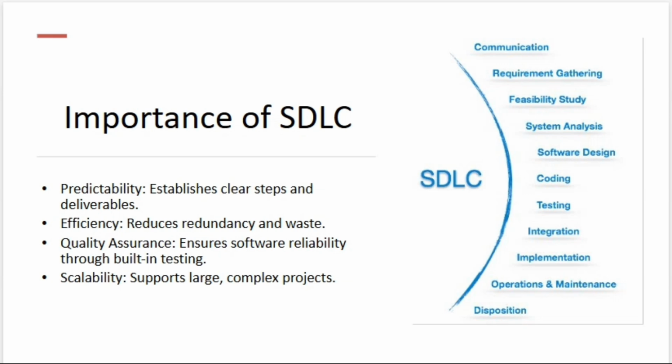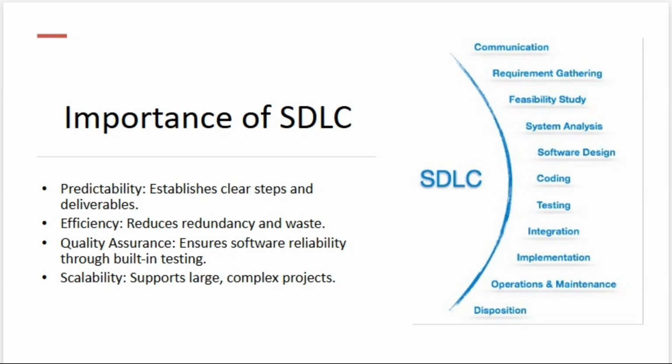QA is a process through which we can ensure the reliability of software throughout the build, through software testing. And fourth is scalability. Through the SDLC process we can scale large and complex projects.